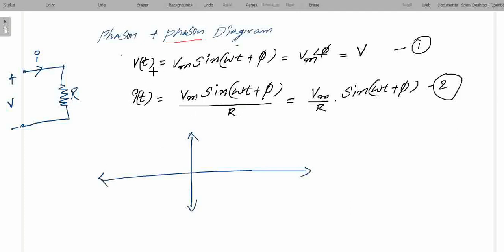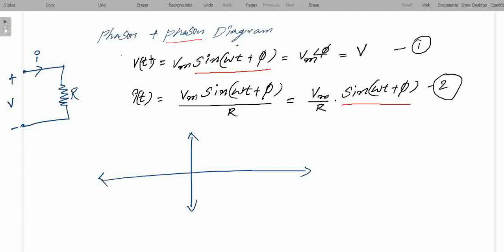For V of t we have Vm sin(omega t plus phi). Sin(omega t plus phi) is common, and they differ only in amplitude. For V of t you have Vm, but for I of t it is Vm by R. That is, the magnitude Im for I of t is divided by R.